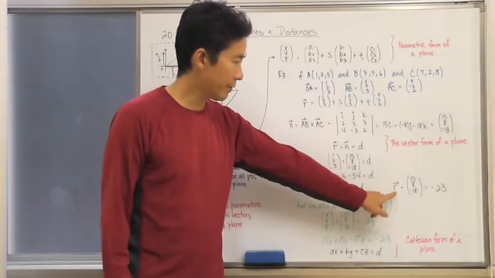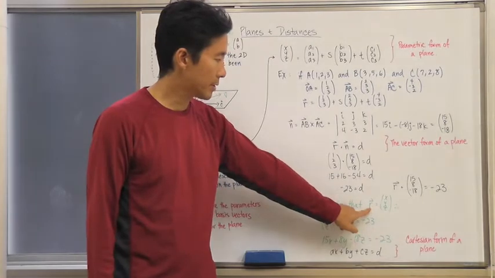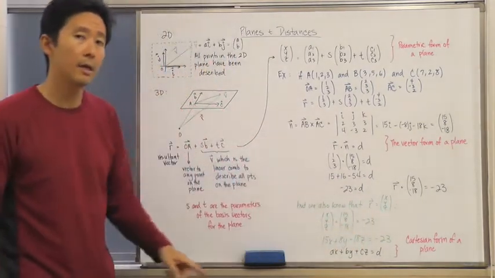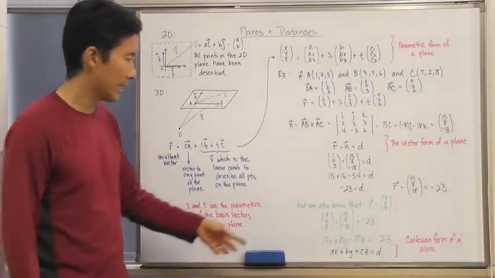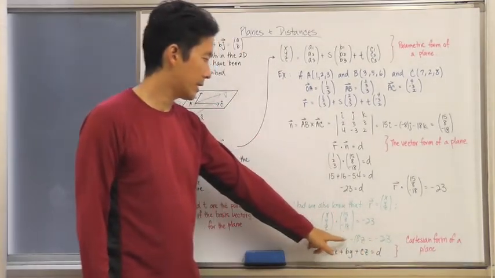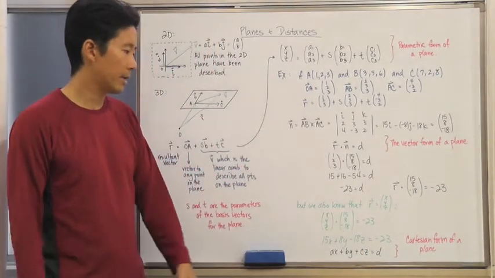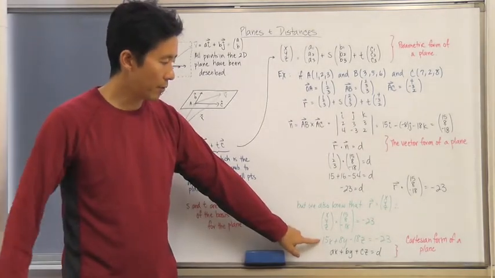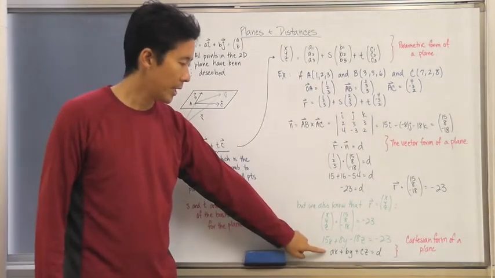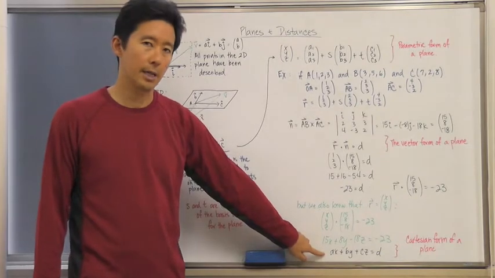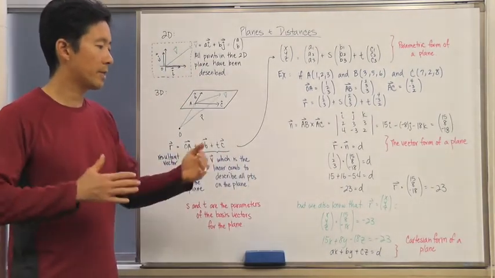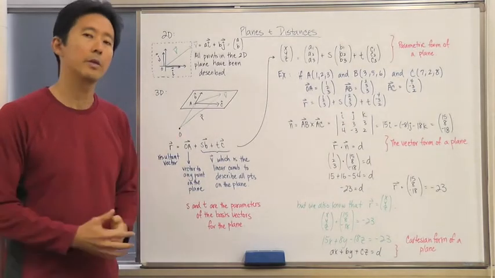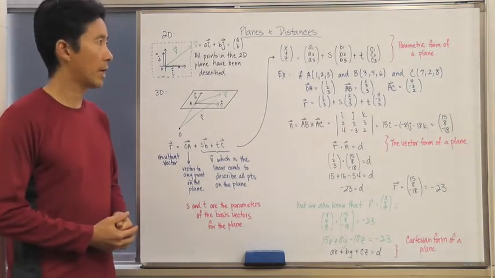If from the vector form of a plane we substitute the resultant vector with x, y, and z, because we know x, y, and z represents any particular point on the plane, then we can write the Cartesian form of a plane, which has this specific form for this particular example, and the general form that looks like that. One of the things that's going to be very important as well is that we need to be able to transfer between one and the other forms for a plane.